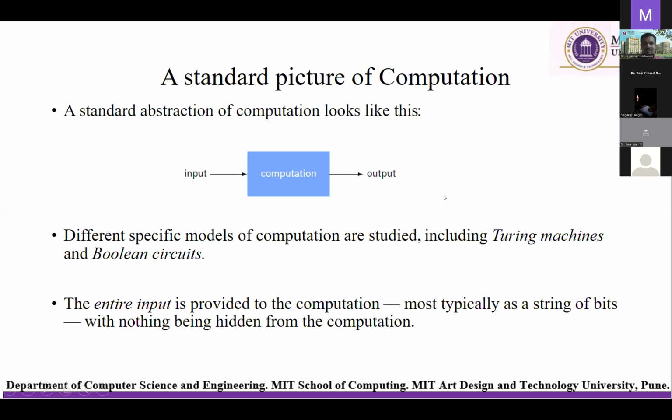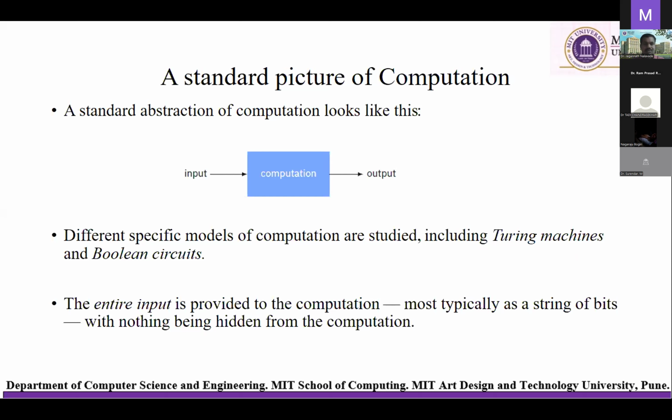So this is one of the standard pictures of computation, given here: classical computer, classical system. I will start from some basic concepts, and then we'll start the quantum algorithms. In a classical computer, we are passing the inputs.